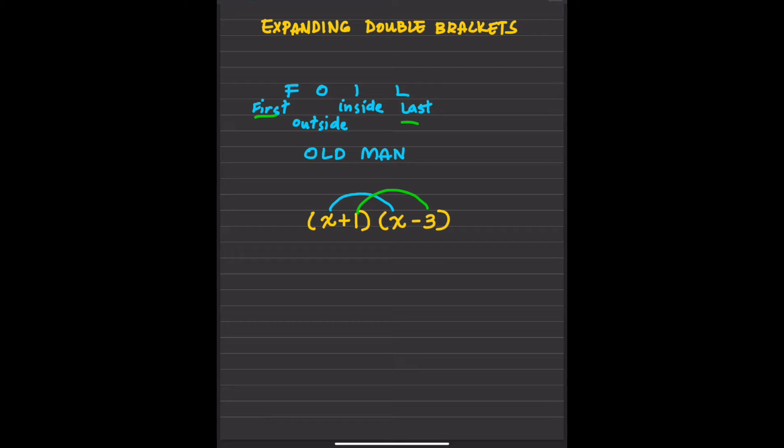And then this is the inside, the last term of the first bracket with the first term of the second bracket, and this is the outside, which is the first term of the first bracket with the last term of the second bracket. So do you see it looks like the old man? These are the ears, the eyebrows, the nose, and the mouth.